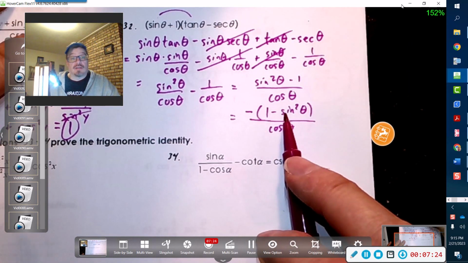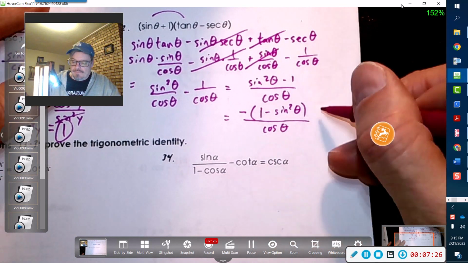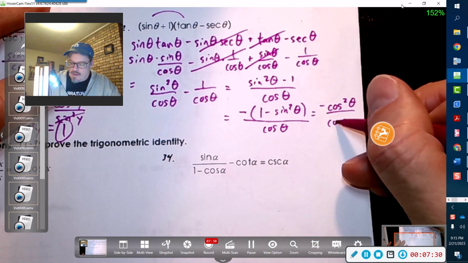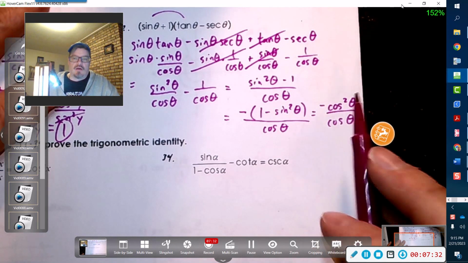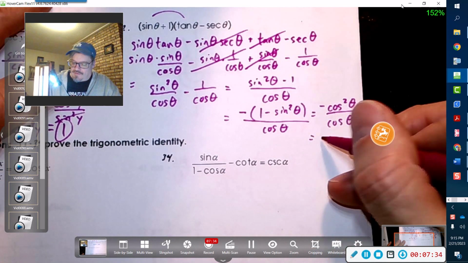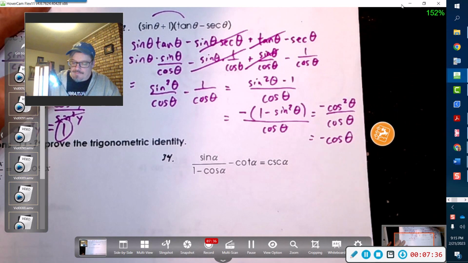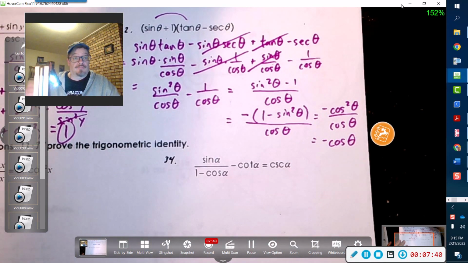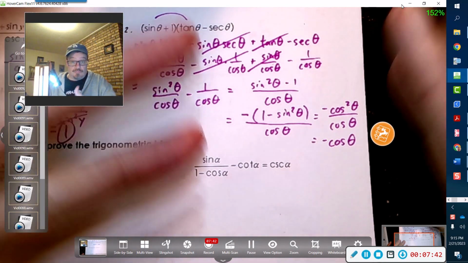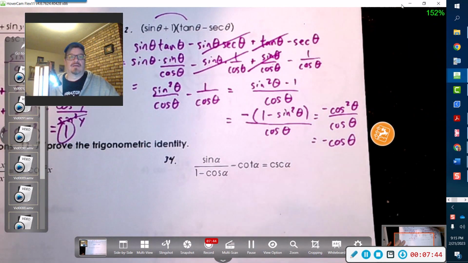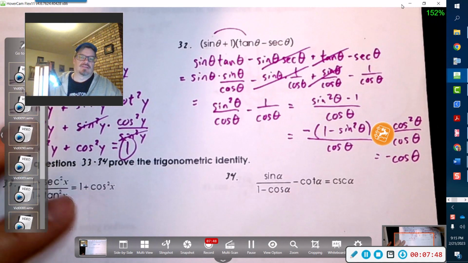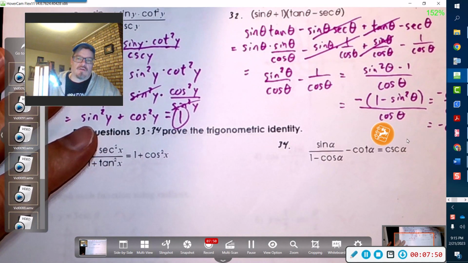That's cosine theta squared. All right, so now that I've got 2 of them, I've got 1 left. So this ridiculous thing here is actually just negative cosine theta. Beautiful, beautiful, exquisite mathematical truth laying before you. It's gorgeous. That's awesome.